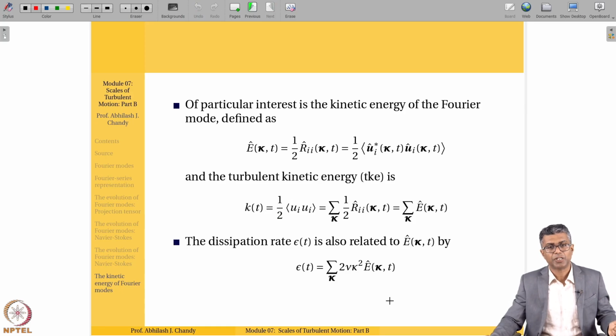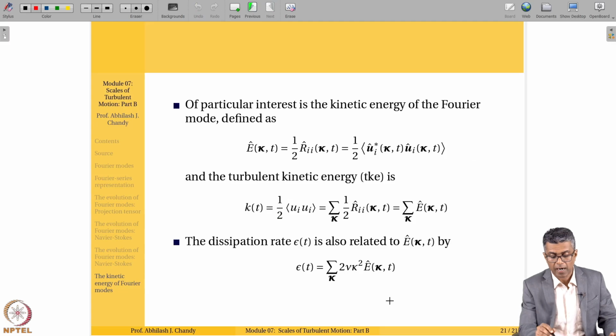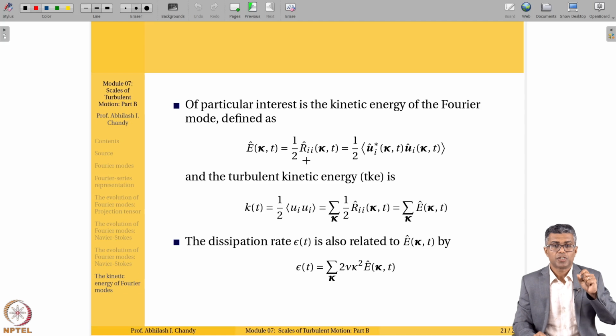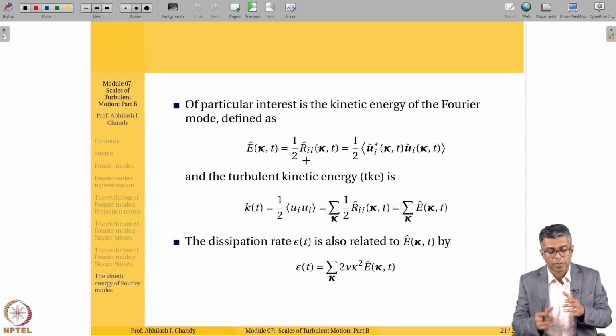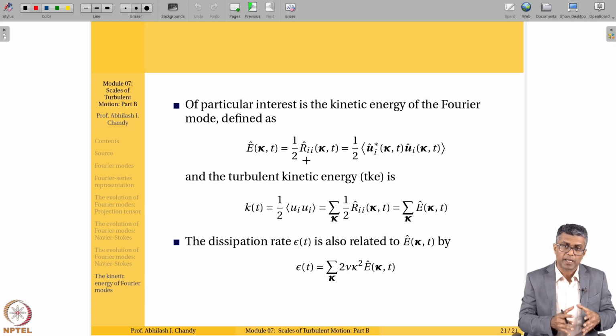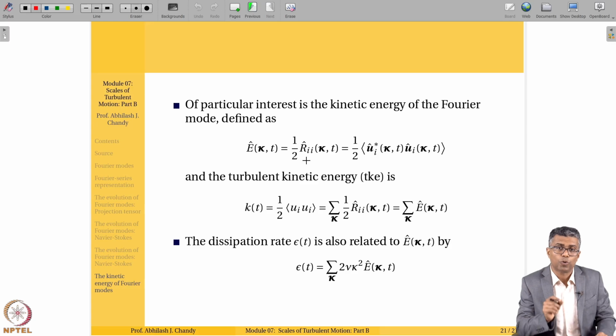Now what we are particularly interested in is of course the kinetic energy. And the kinetic energy is half Rii, where i is a dummy index. So Rii of kappa, t. To calculate the kinetic energy, what you need is the covariance of the same component. You don't want u1 u2. You want u1 u1, which is u1 squared.